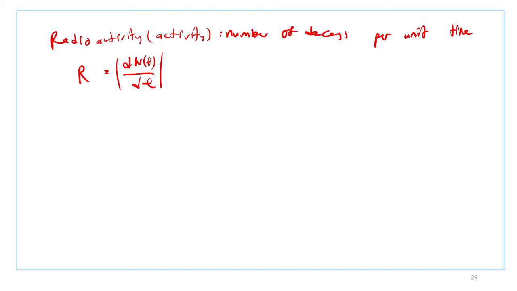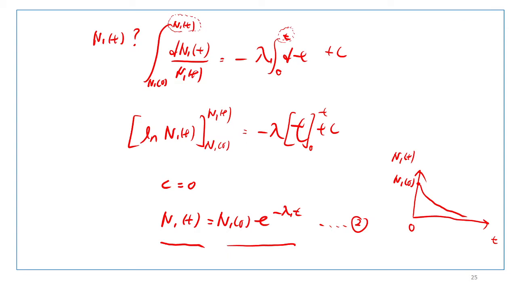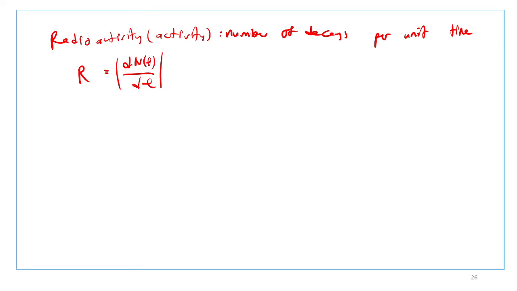So we know the N(t) for the parent nuclide. The radioactivity by the parent nuclide is the modulus of the differentiation of N1(t) with respect to t.